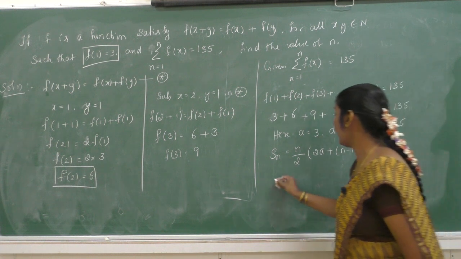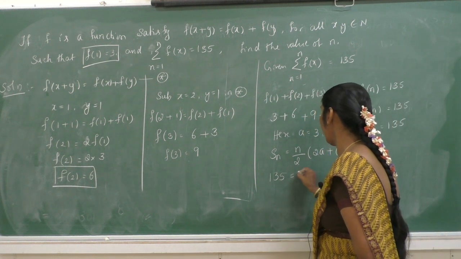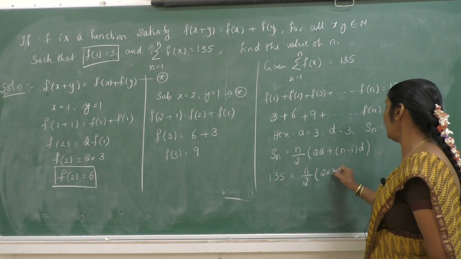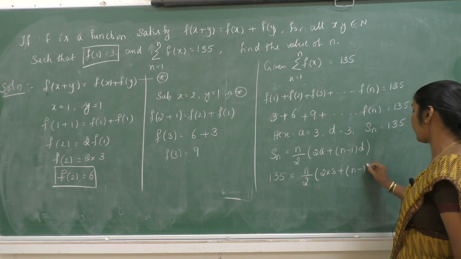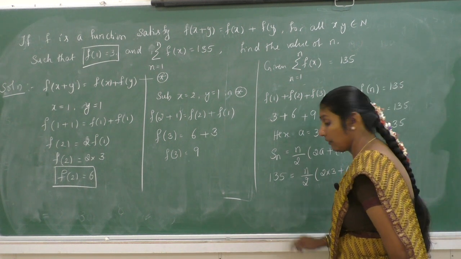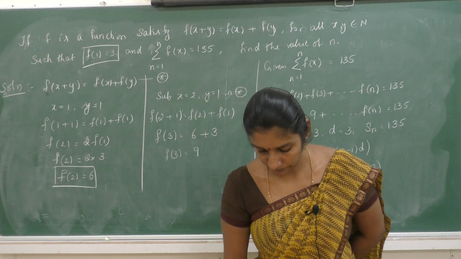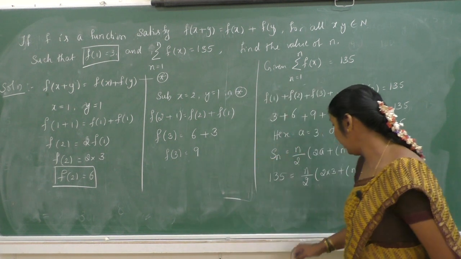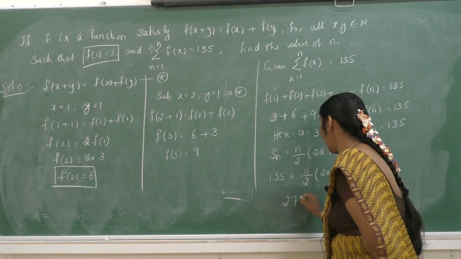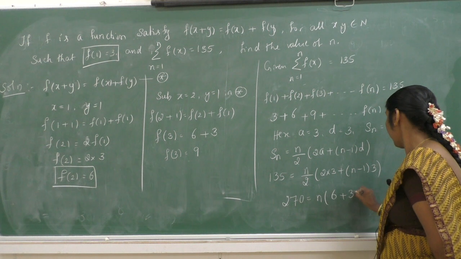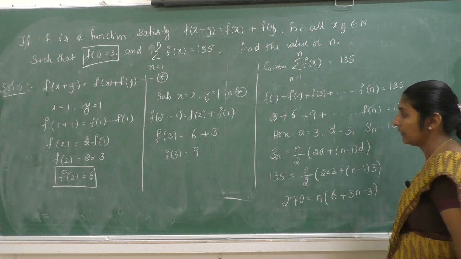So 135 is equal to n by 2 into 2 into 3 plus n minus 1 into 3. 135 into 2 will be 270. 270 is equal to n into 6 plus 3n minus 3.